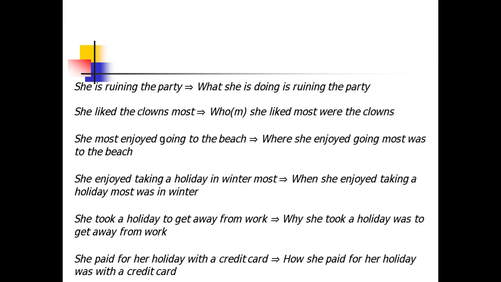Let's check some examples. She is ruining the party. What she's doing, first part, verb to be, is ruining the party. Okay? Who does she like most? Who she likes most, verb to be, were the clouds.